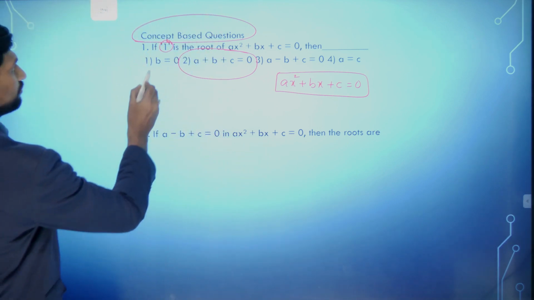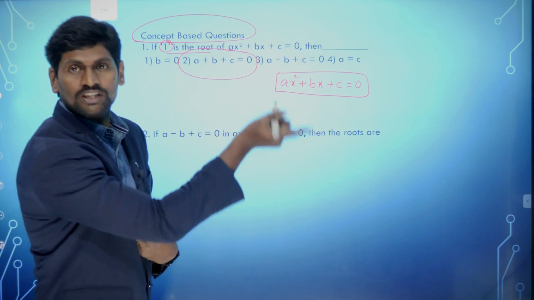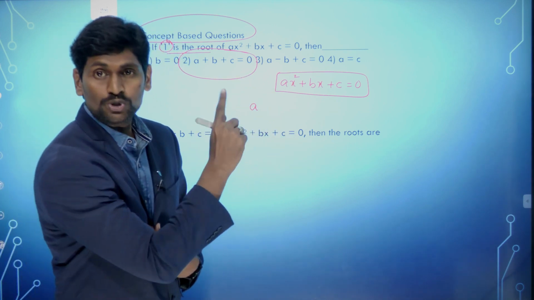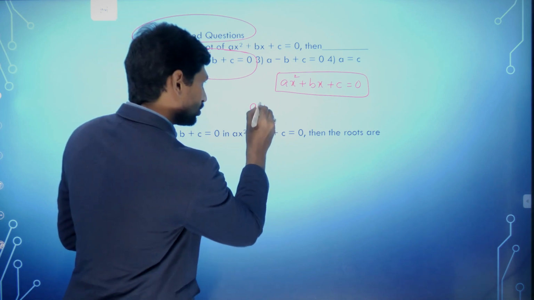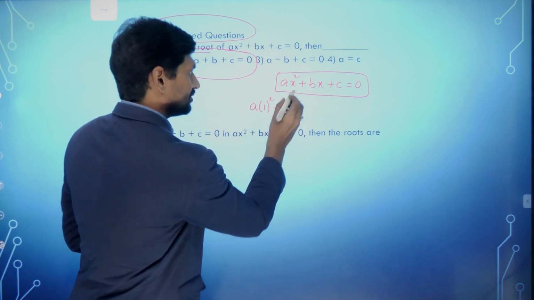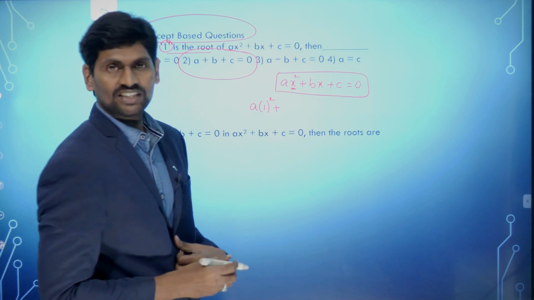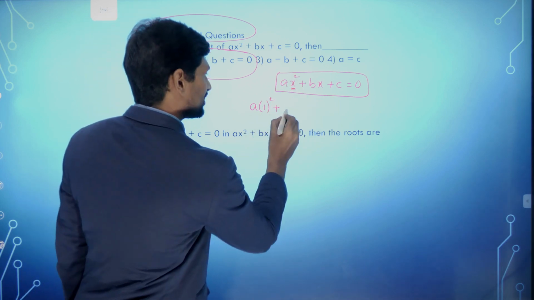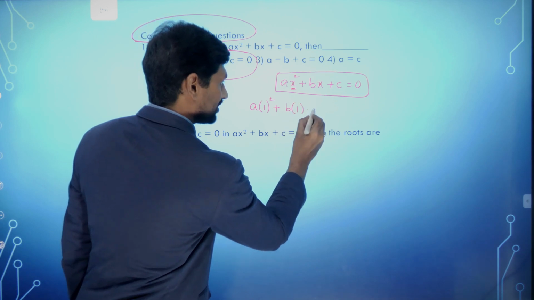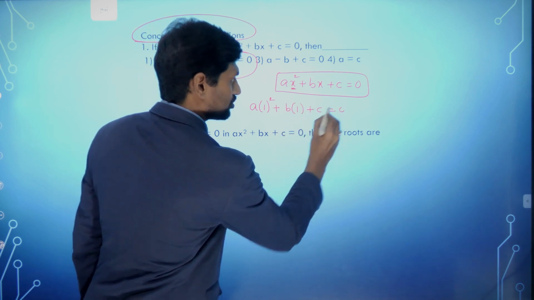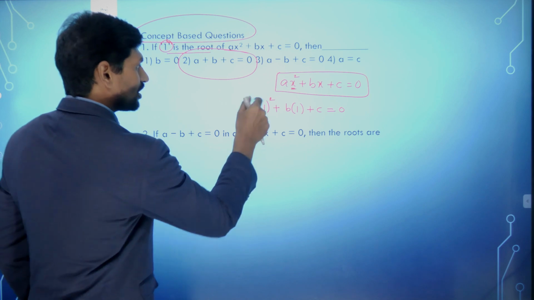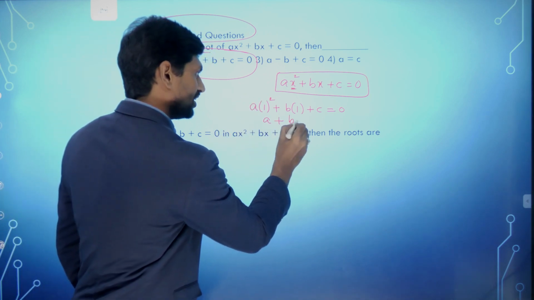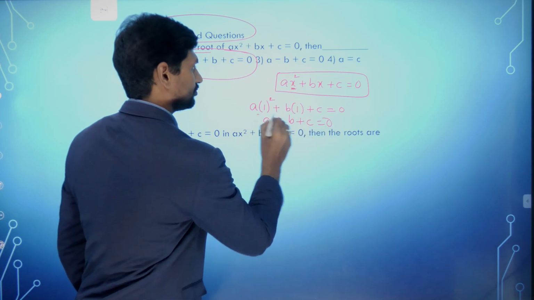Same way here, clearly 1 is a root. 1 is a root means we need to substitute here. That means in the place of x, we have to substitute 1. A into 1 square, that means in the place of x square, 1 square. B into x, that means b into 1, plus c equals 0. 1 square is 1, so a into 1 is a only, plus b into 1 is b, plus c equal to 0.